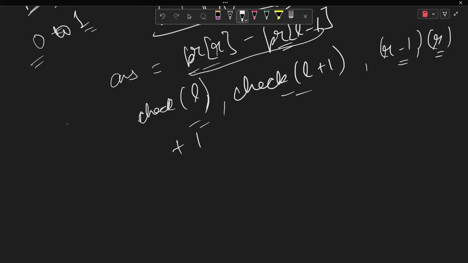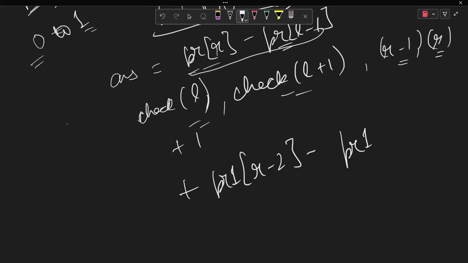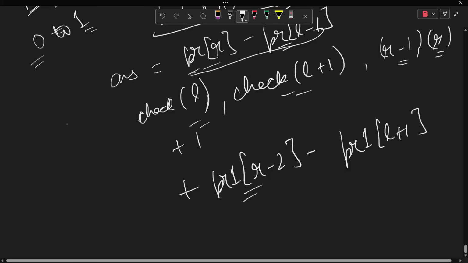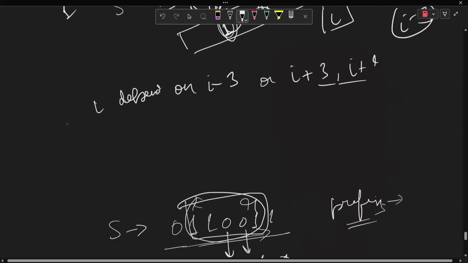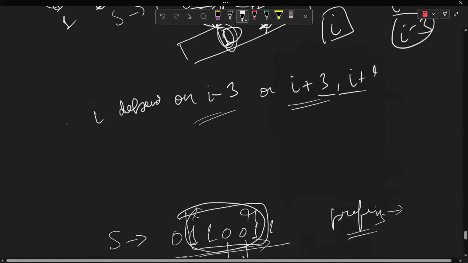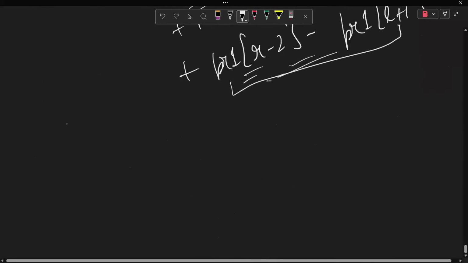Otherwise, we won't add a plus 1. And then we would add PR1 of R minus 2 minus PR1 of L plus 1. PR1 is storing the sum of the conversions from 0 to 1. Here we don't need to check in this range because everything would always be there. As I told, we would never have I depending on I plus 3 or I minus 1. So that's what we have to do.